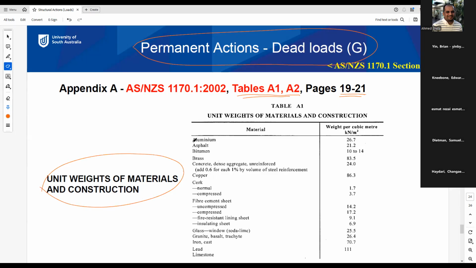Some examples: aluminium, concrete, fiber cement sheet, if you are doing a ceiling or wall partitions, and so on. For example, if it is uncompressed, 14.2, for concrete 24, for aluminium 26.7. So tables A1 and A2 give us the unit weights of the most commonly used construction materials in the Australian market.